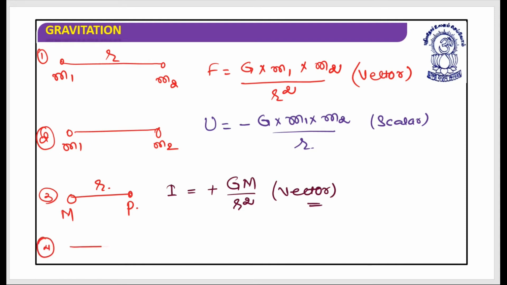And last is the potential. This is m, this is at location P, and this separation is r. So the potential could be written as V is equal to minus of GM divided by r, and this is scalar.